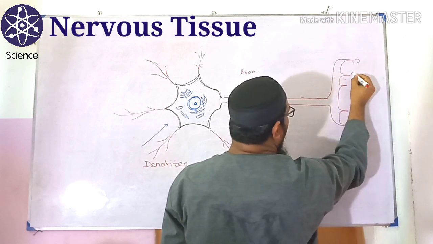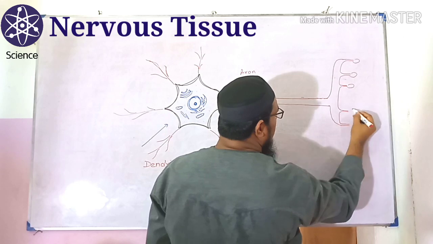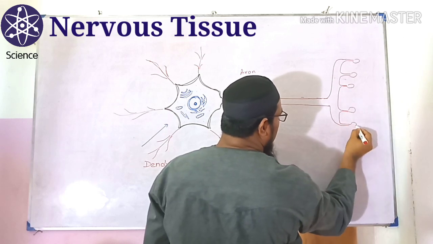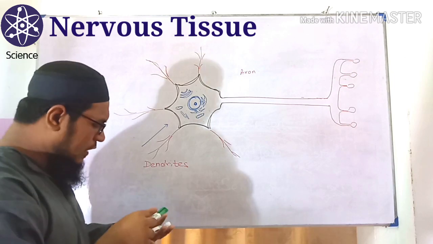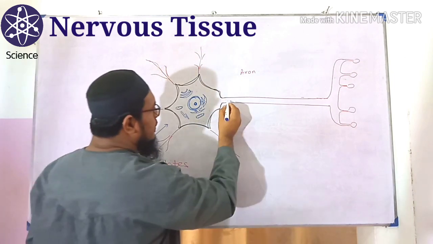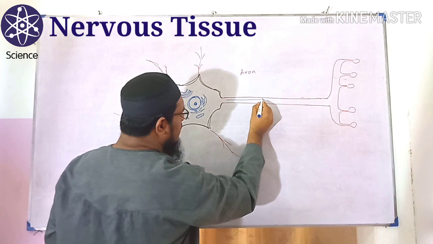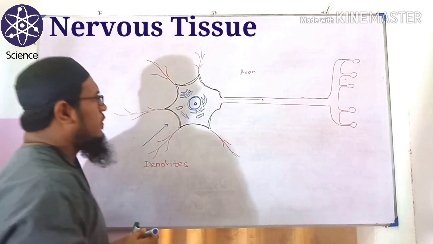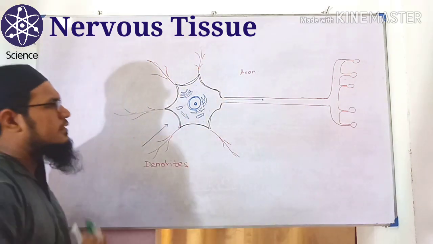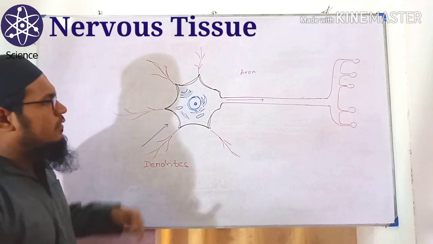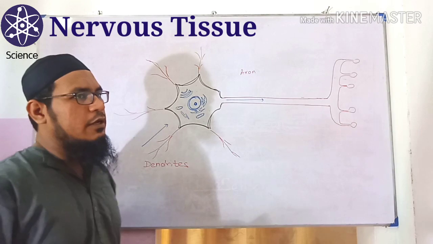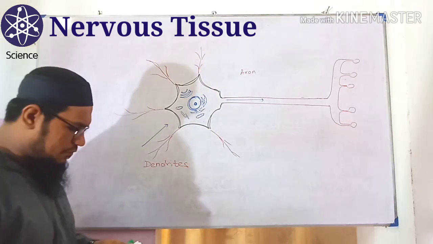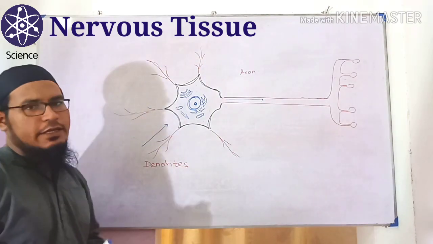And here we have a bulb thing. So this is the axon. We know that the axon carries impulses away from the cell body. So this is the basic structure. Here, to increase the speed of transmission, there is a special mechanism called myelination.